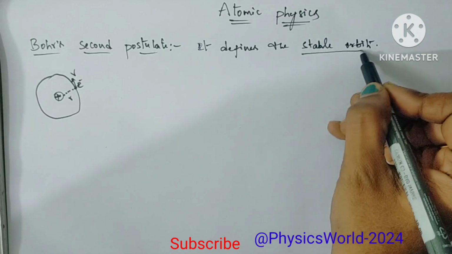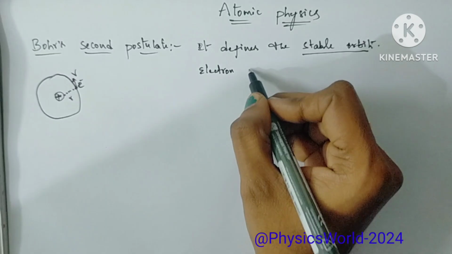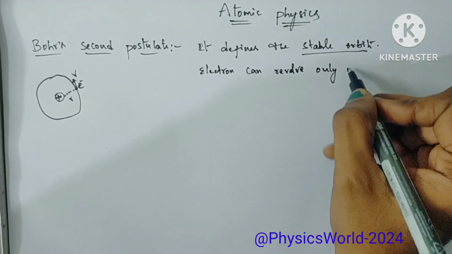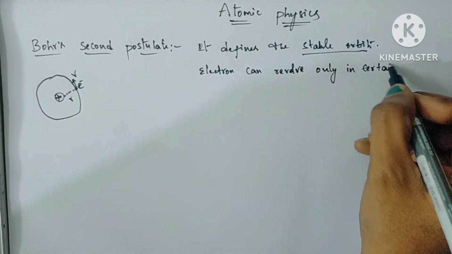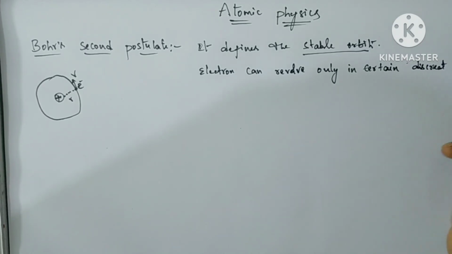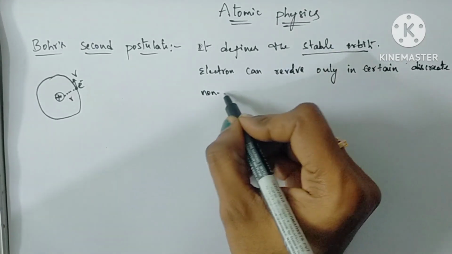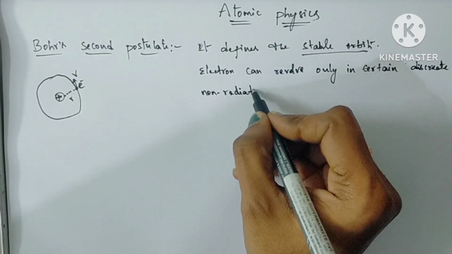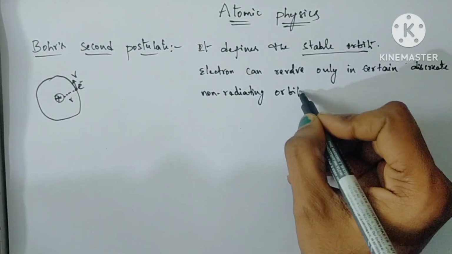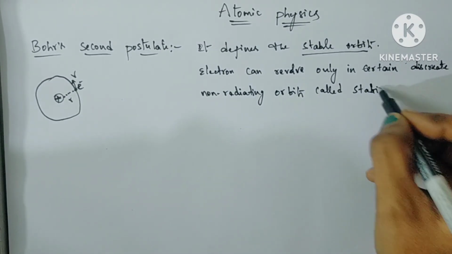Now it defines the stable orbits. The stable orbits means electron can revolve only in certain discrete non-radiating orbits. It is called stationary orbits or stable orbits.